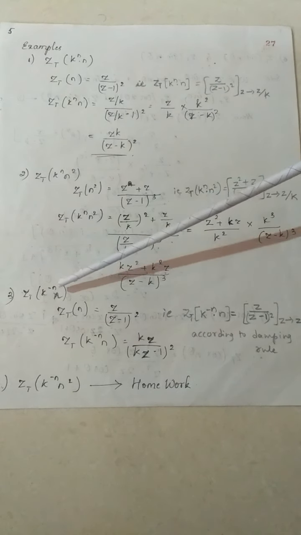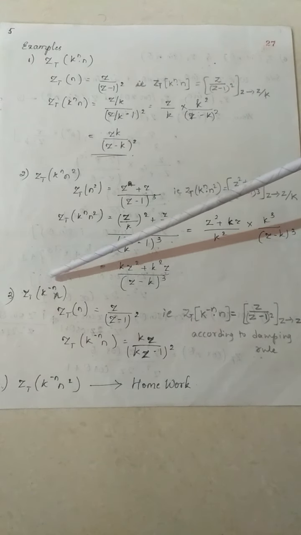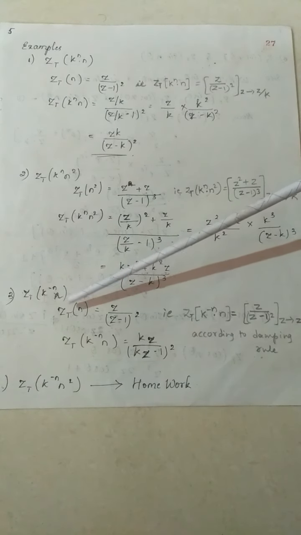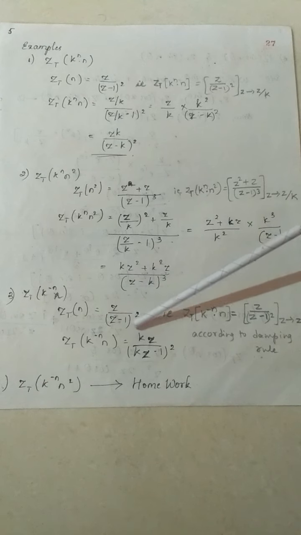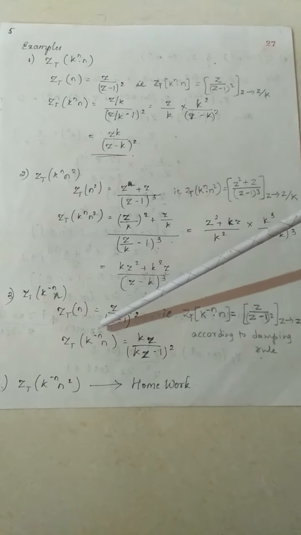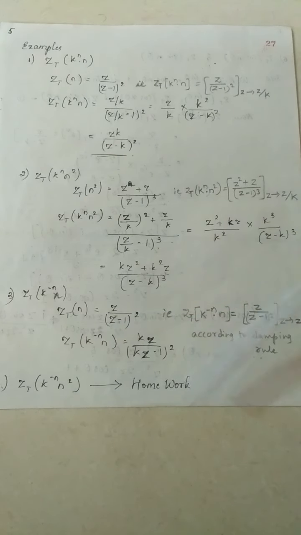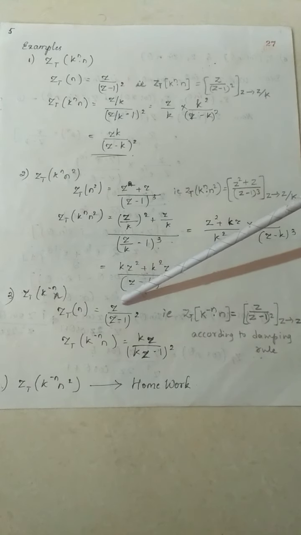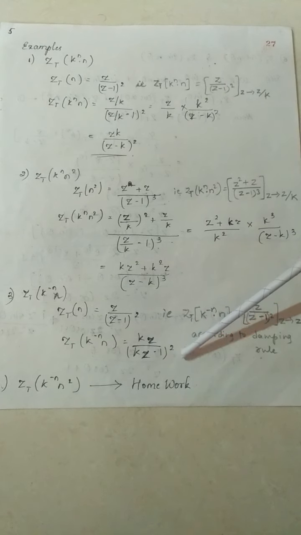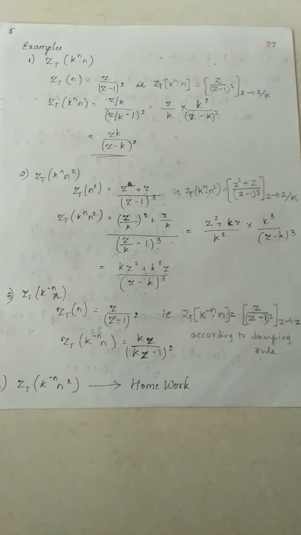Okay, so to find the z transform of k to the power minus n into n, first we write z transform of n. So z transform of n is z upon z minus 1 whole the square. In this, we are replacing z by kz. Okay. So z transform of k to the power minus n into n, it is nothing but replace z by kz, replace z by kz minus 1 whole square. So, this is our answer.